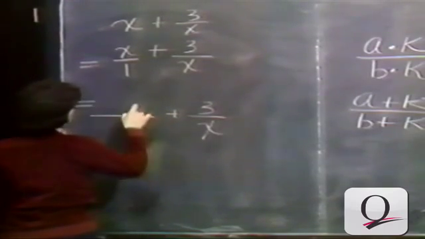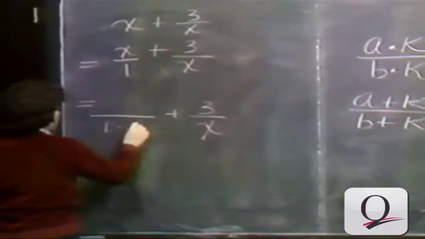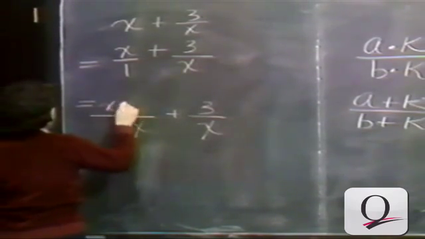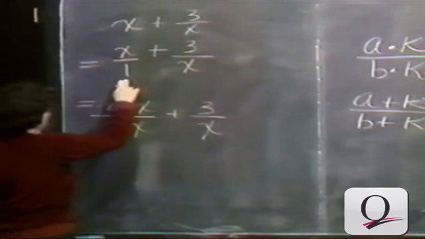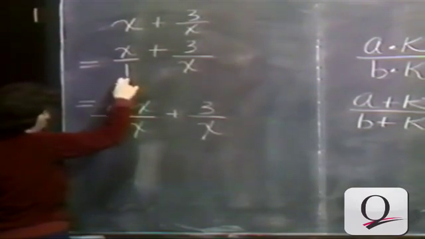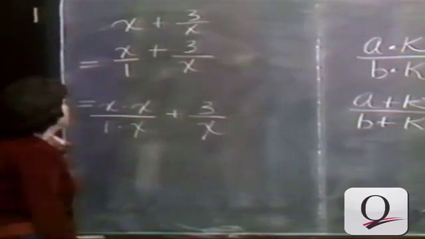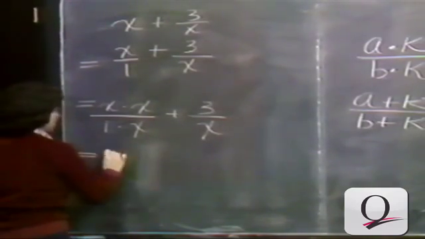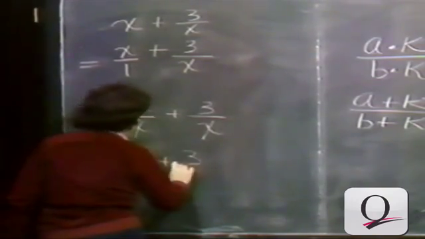In order to get the denominator of x, we have to multiply this denominator 1 by x. Therefore, we also have to multiply the numerator by x. This gives us x squared over x plus 3 over x.